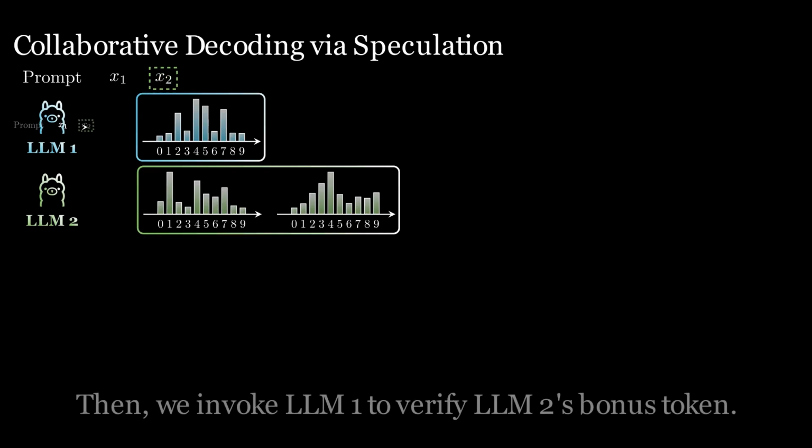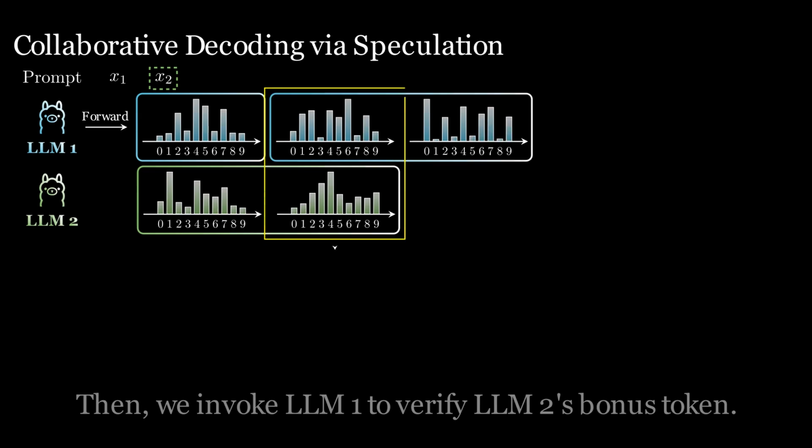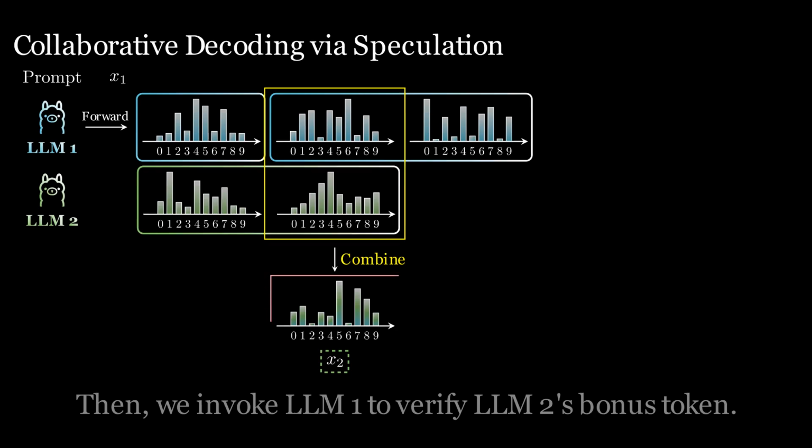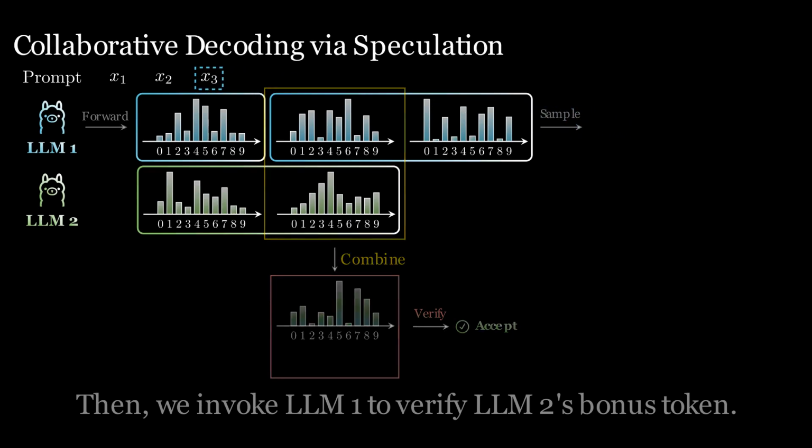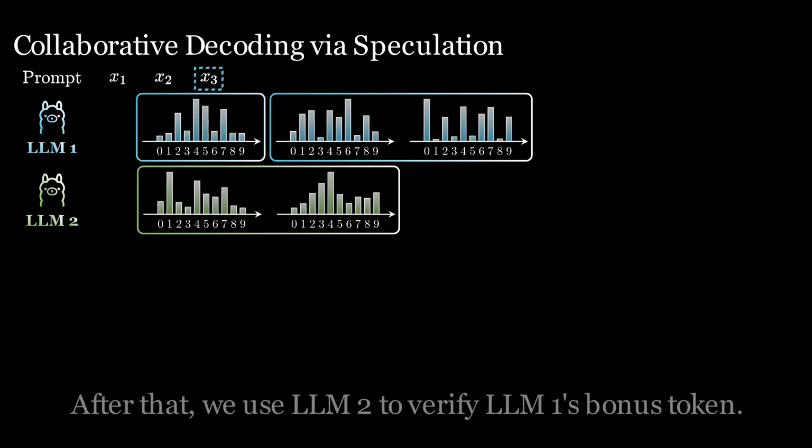Then we invoke LM1 to verify LM2's bonus token. After that, we use LM2 to verify LM1's bonus token.